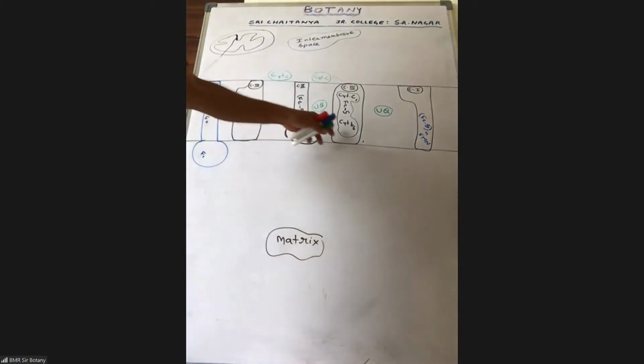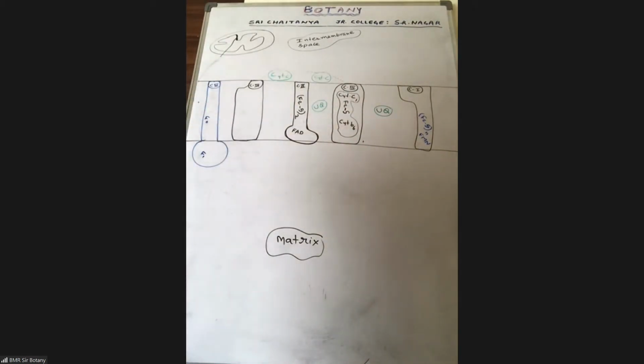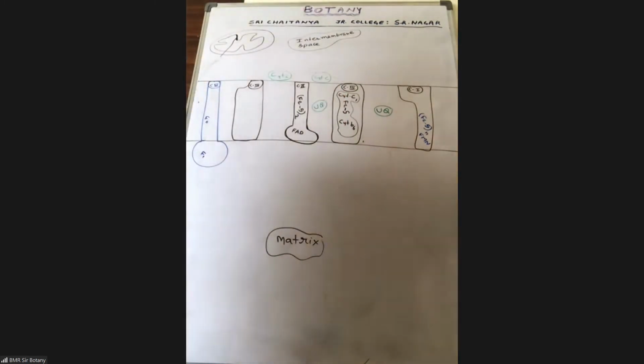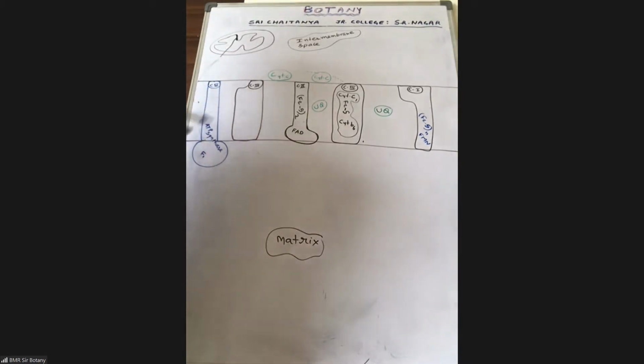So 4 complexes fixed in the membrane, 2 mobile carriers. One is ubiquinone, another is cytochrome C. Ubiquinone is the carrier between 1 and 3, also 2 and 3. Complex 5, which is otherwise called ATP synthase, F0, F1.